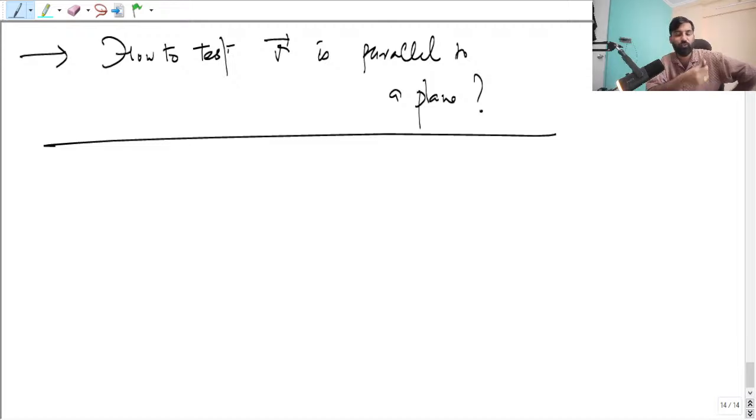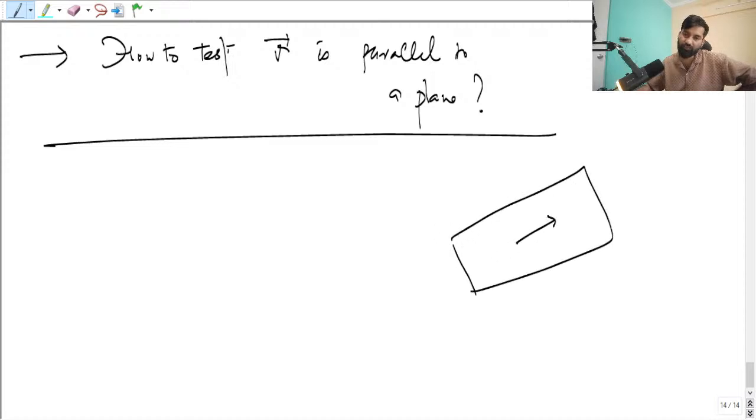If it is parallel to a plane, what does that mean? Let's say this is a plane and the vector v is given, and it is parallel to the plane. It means it should be perpendicular to the normal, right? I mean, their dot product must be 0. It's a very amazing concept, right?